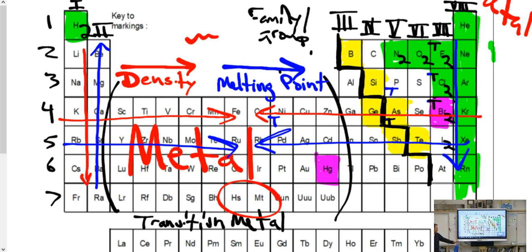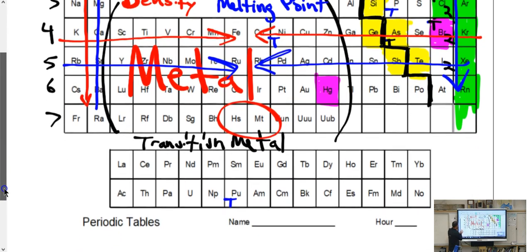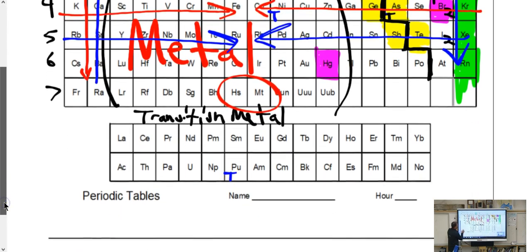I just looked, and there's just one thing that I forgot to do earlier. It's not a big deal at all. When we do the numbers, I was supposed to have you do something here at the bottom. All right, there are 4 families that have names. And we're going to name those. So you're going to write like right here.